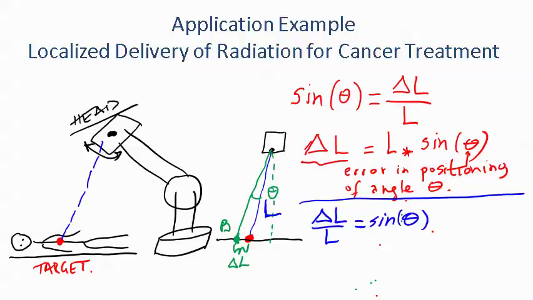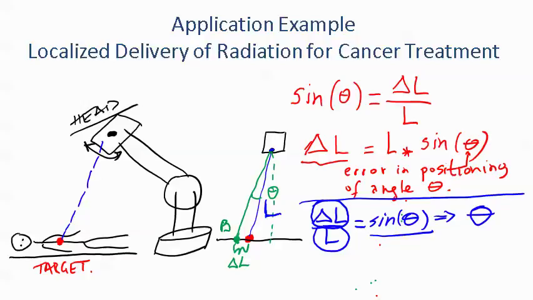Now we know the allowable error in the location where the ray needs to hit. We know the original distance between the location where the ray starts and the target, and we can use this relationship to find sine theta. And of course from here, I can find the angle theta.